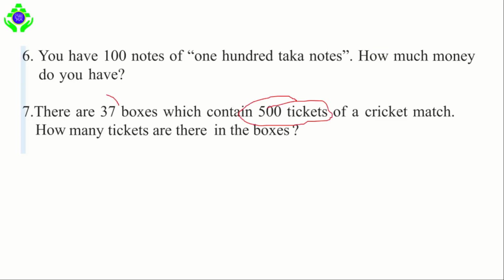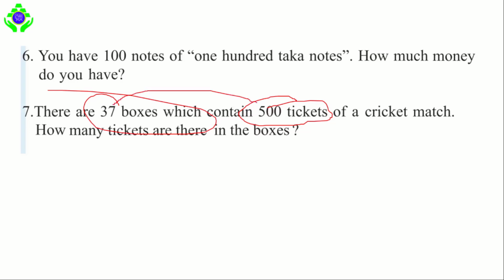So in 37 boxes, how many tickets will there be? My dear learners, as you know, in one box there are 500 tickets. So surely in 37 boxes, the total number of tickets will increase. That's why we need to multiply this 37 with this 500.